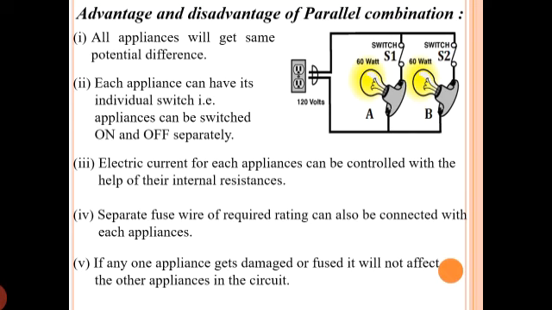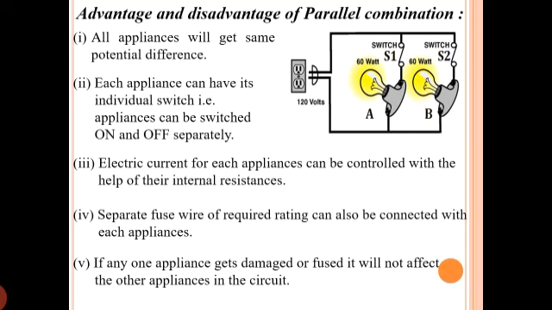For each appliance you have a separate switch also at home. So each one is having one switch by which you are controlling. If you want only one fan to work, you are switching on that fan only, other fans may be off. If you just want one bulb to glow, only you are switching on that bulb. If one of the bulbs is fused, others are still working, and you can replace the fused one. And each appliance has a different fuse wire also.